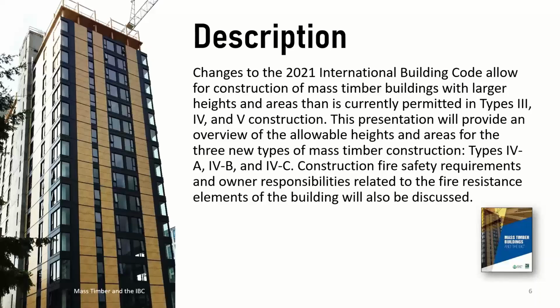The topic, of course, is heights and areas. This is a tall one, 18 stories above grade, 17 stories of mass timber on 1 story of type 1 podium concrete construction. And of course, the new thing here is this is wood construction.